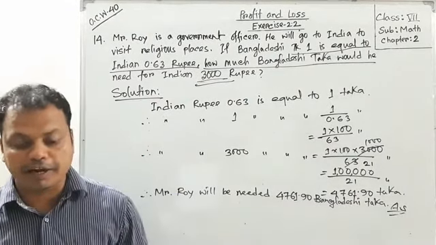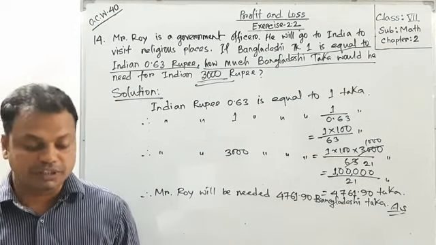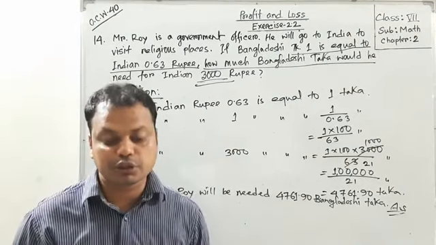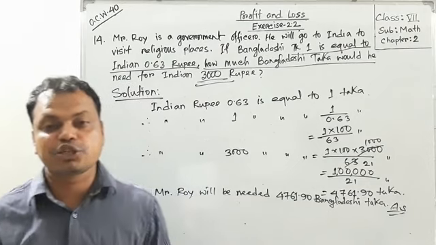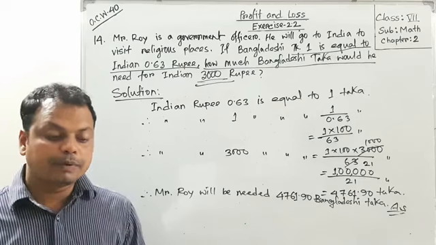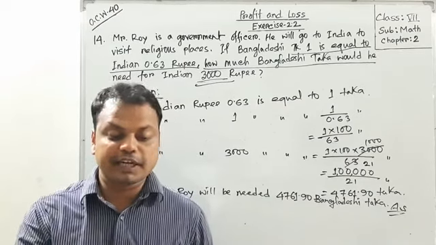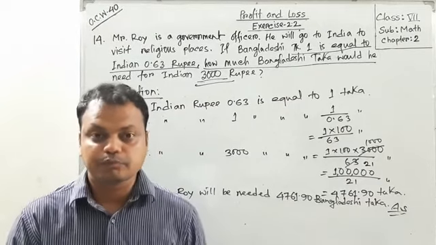At first we have to find the total price for 2 kg sandesh. So we will write the solution. At first we will write the price of 1 kg sandesh equals 250 taka, because of the rate of 250 per kg.